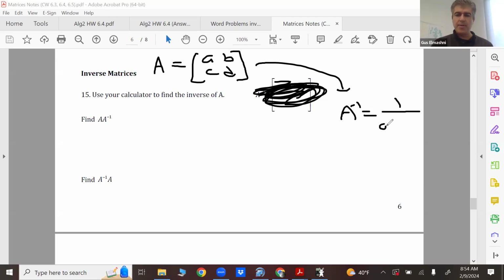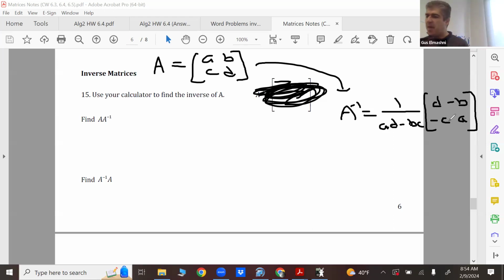It's really weird, bear with me, guys. I know it looks strange. You do this thing, and there's a term for this. This is called the determinant.